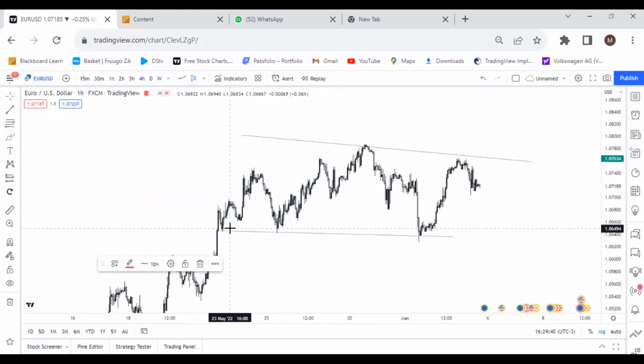Anyway, you can see here this is our first touch, this is our second, and this is our third. Remember, third touch, highest probability, you need to base your trades off the third touch.